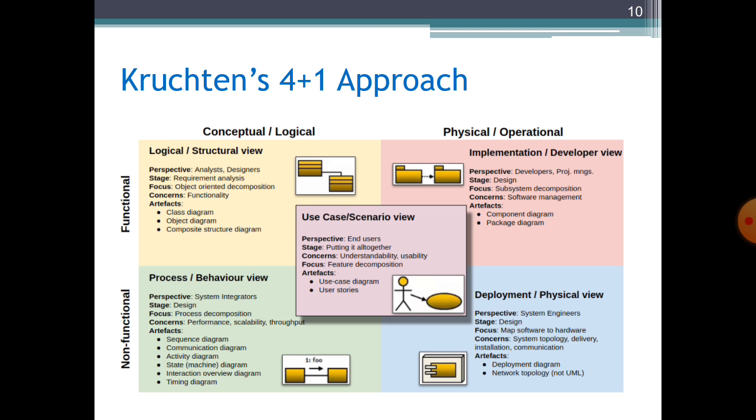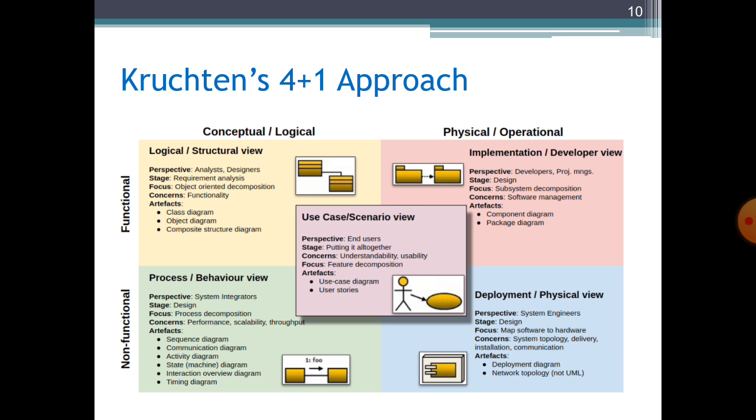Students, if you look into the logical or structural view, it concerns itself with the functionality that is provided by the system and how the code is designed to provide such functionality. The analyst perspective and designer's perspective are the two perspectives addressed in this view.